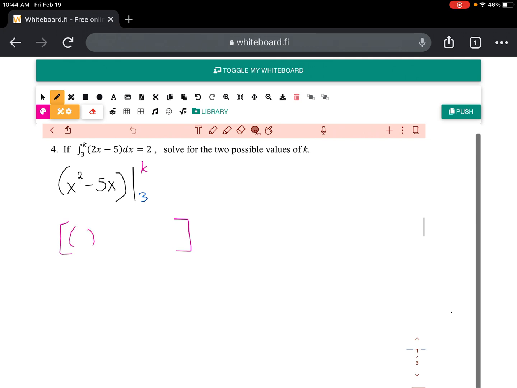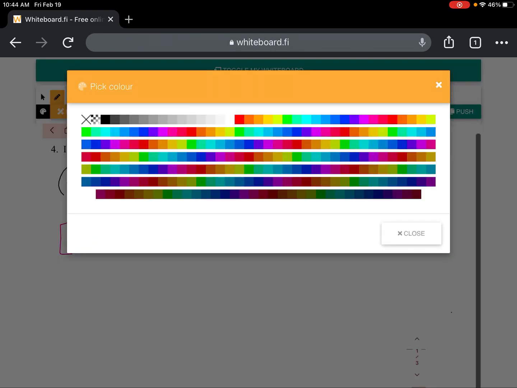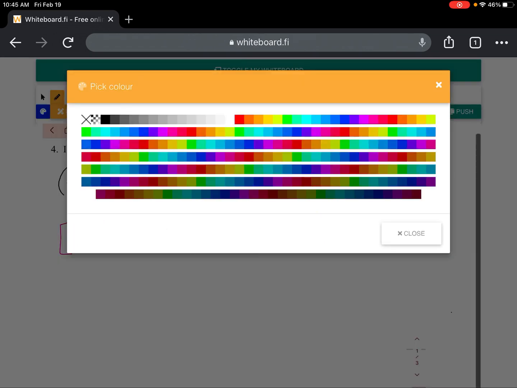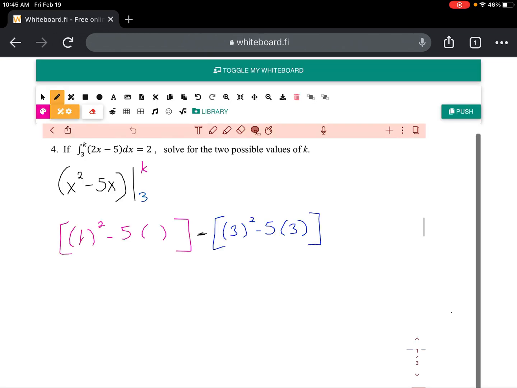It's something squared minus 5 times something. Remember these? Minus, and then your second set of brackets: something squared minus 5 times something. So these guys get 3's, and the first guys get k's.